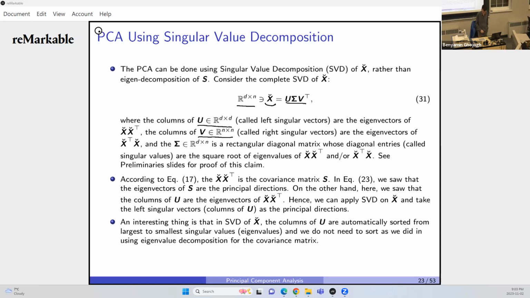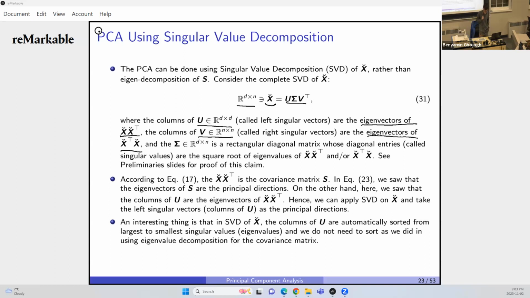Do you remember in the preliminaries we proved the relation of singular value decomposition and eigenvalue decomposition? We said that the left singular vectors, which are U for X breve, are equivalent to eigenvectors of X breve X breve transpose, and V are equivalent to the eigenvectors of X breve transpose X breve. For proof, see the preliminaries lecture.